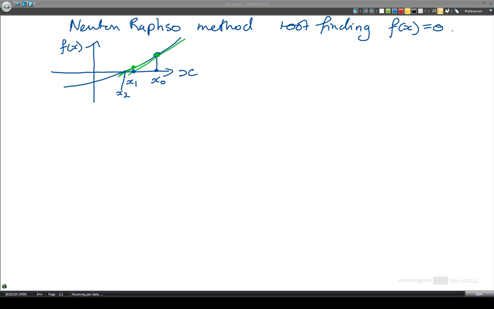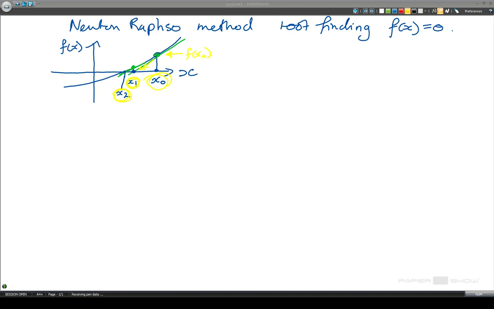We start with some guess, which in this case was x0. We've gone to find the value of f of x0 there. And we've gone to find the next value of x1. And from that we've got an improved estimate of x2.